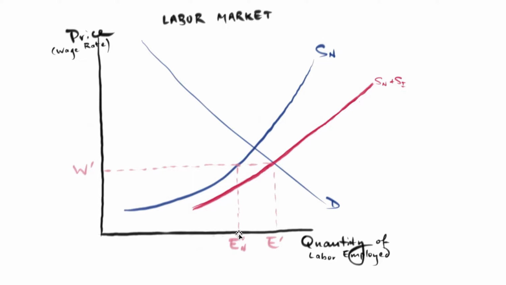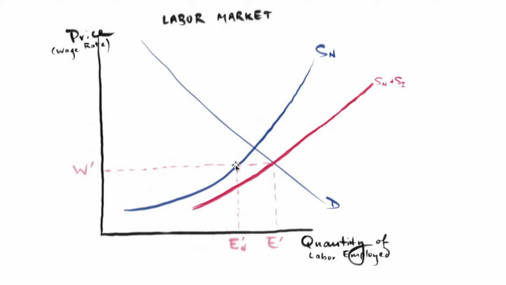Okay, so this is thinking a little bit more than we have in the past about what our supply curves mean. But even though the supply curve for natives plus immigrants tells us the equilibrium, it's still useful to know the supply curve for natives, because that tells us how many natives are employed at this wage of W prime.